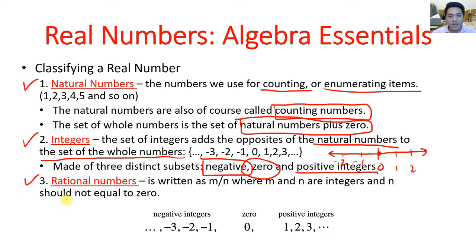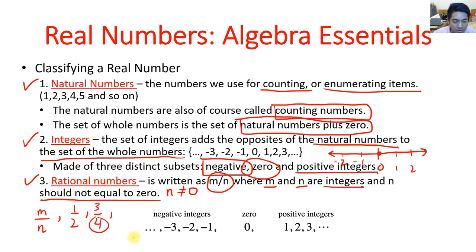And we have rational numbers. A rational number is written as m over n, where m and n are integers, and n should not be equal to 0, such as 1/2 or 3/4. If n equals 0, this will result in an undefined value, so n cannot be 0.